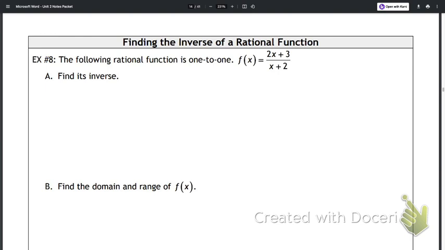All right, on this next one, it's asking me to find, it says the following rational function is one-to-one, and wants me to find the inverse. So we're going to take that original function, y equals 2x plus 3 over x plus 2, switch my x and y's.